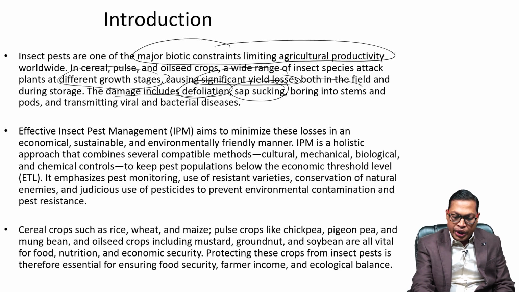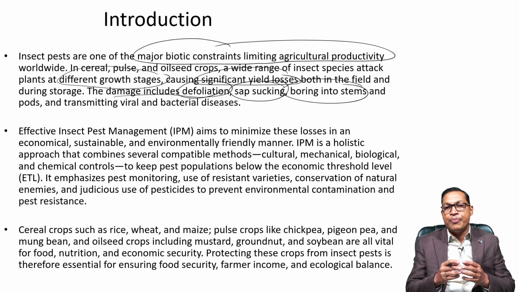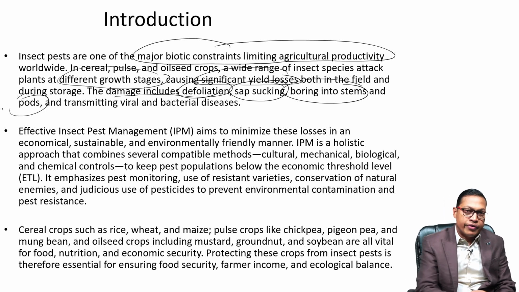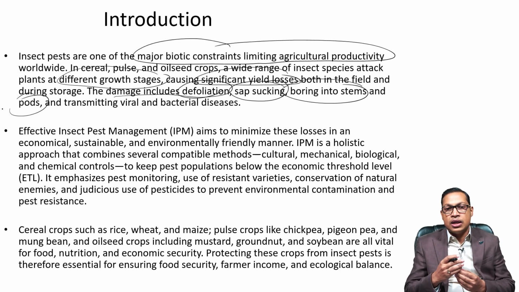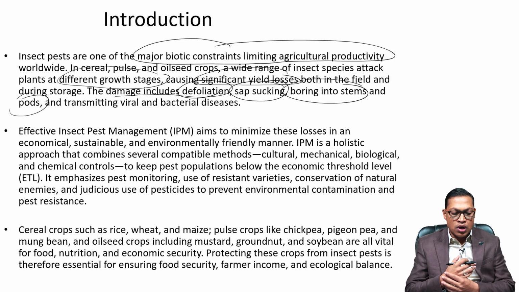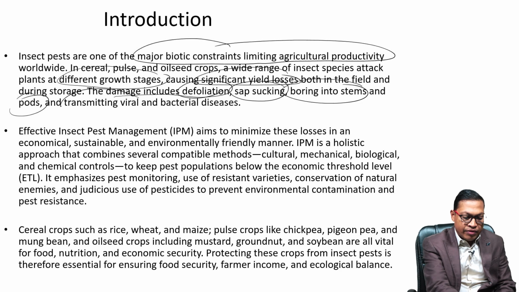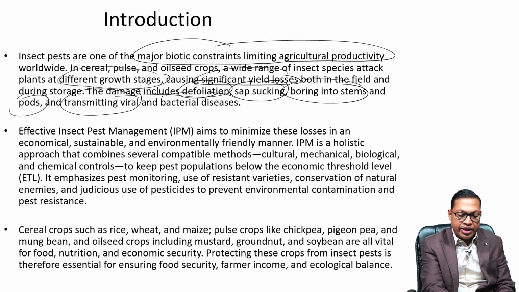Sometimes they bore into stems, and if the stem is damaged, there might be an attack of fungal diseases. Pods of pulses like pigeon pea, moong bean and urd bean can also be damaged by insects after feeding. Ultimately, viral or bacterial diseases can be transmitted.